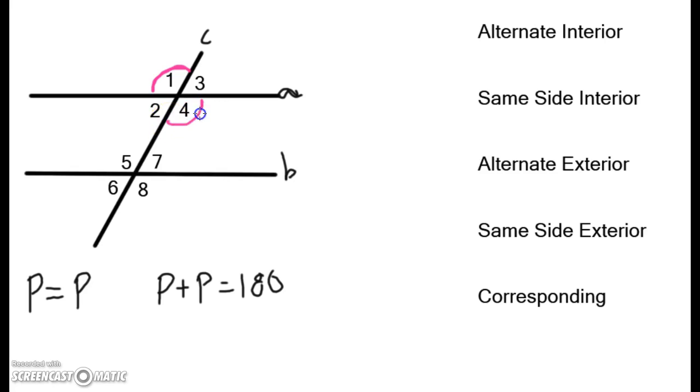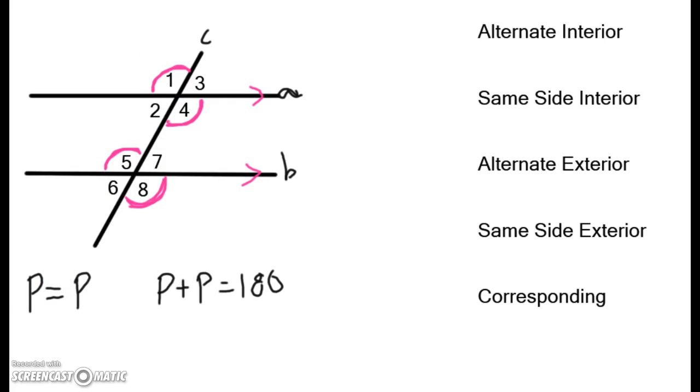So let's mark angle 4 pink. And my other obtuse angles are angle 5 and angle 8. All of the angles that I just marked in pink are all equal to each other, because if A is parallel to B, all of the obtuse angles in the picture are piece equals piece.